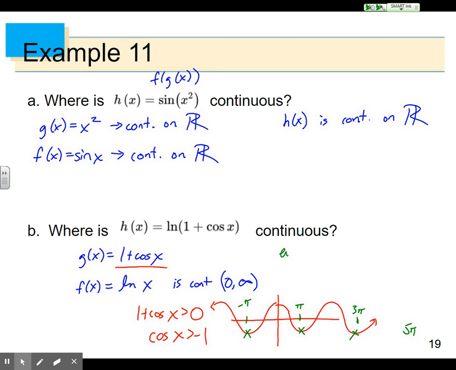We could say it is continuous everywhere, except plus or minus pi, plus or minus 3 pi, plus or minus 5 pi, dot, dot, dot. You get the idea that you mean every odd pi after that.